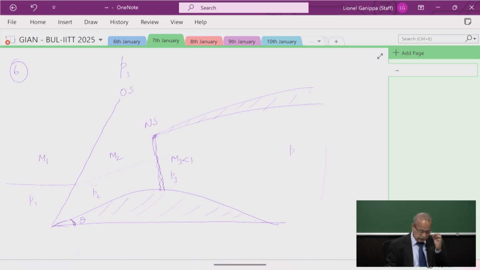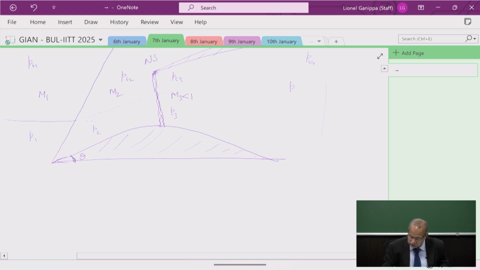In this particular problem, what is to be calculated? We are asked to calculate the total pressure ratio or pressure loss. This is what they're asking here. So here it is PT1, here it is PT2, here it is PT3. We don't know any information. Here it will be PT4. We are asked to find out the inlet pressure recovery.